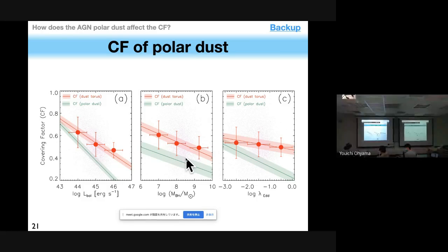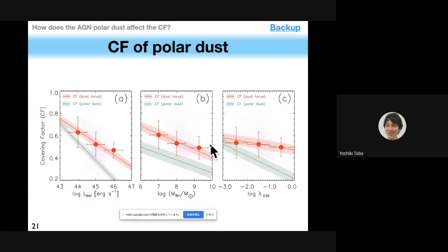So the correlation coefficient is smaller for polar dust? Compared with the dust covering factor, that is not the case. But if we compare the covering factor of polar dust between these three quantities, the correlation strength of Eddington ratio is stronger than the other quantities.